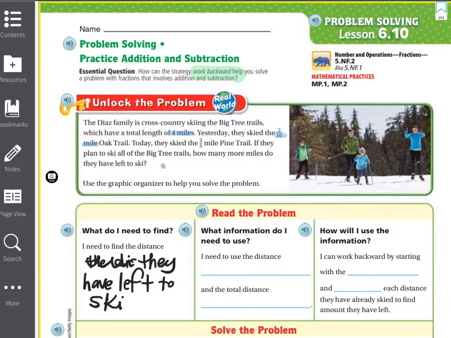So the information I need to use is the distance that they've already skied and the total distance that they plan to ski. So like, what's their goal?